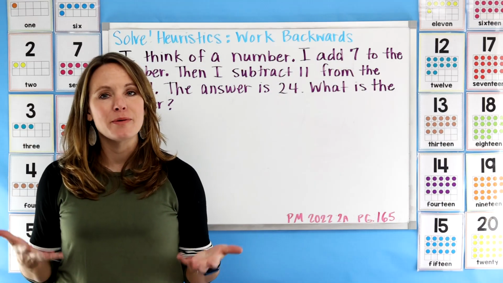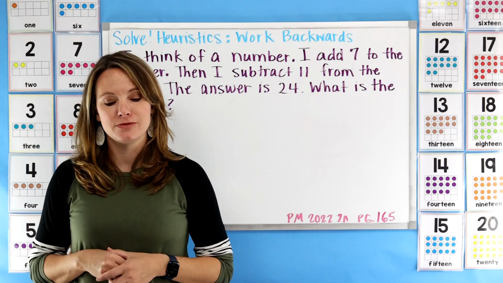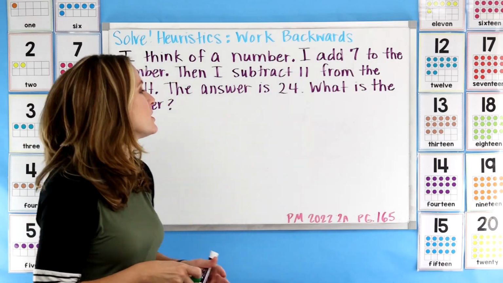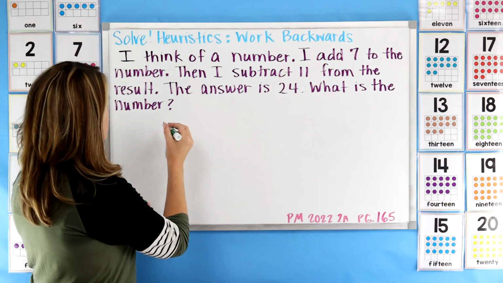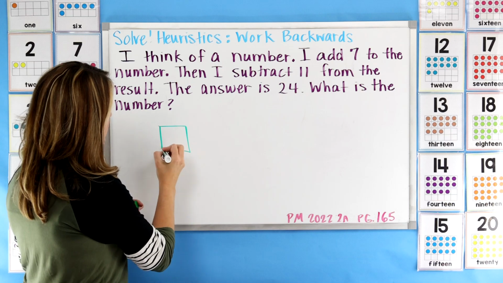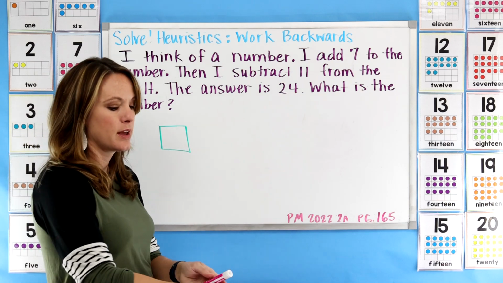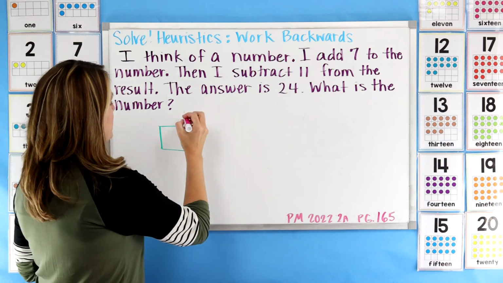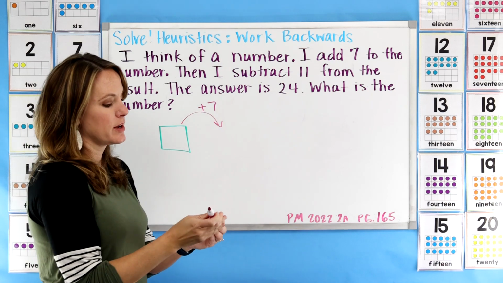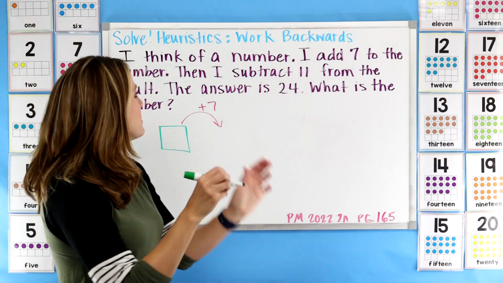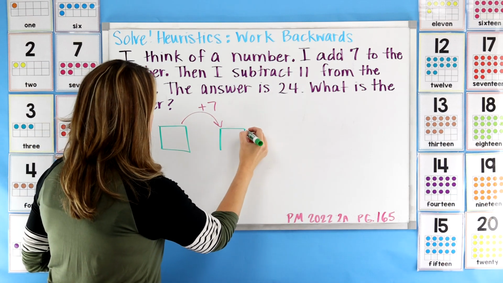Let's think through this problem by drawing a model to help us make sense of what's happening. Okay, I'm going to use 2 different colors here. I had a number. This is what I was thinking about at first. What happened to that number? We ended up adding 7 to it, and we got a new number because we added some more to it.